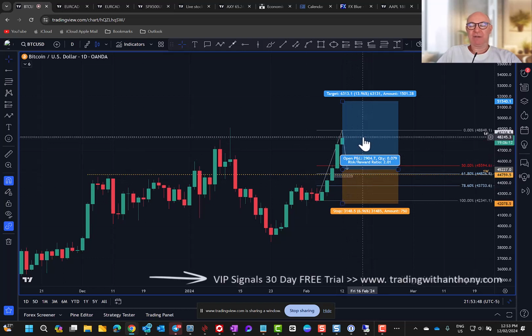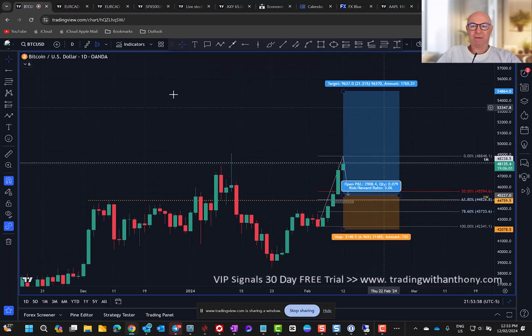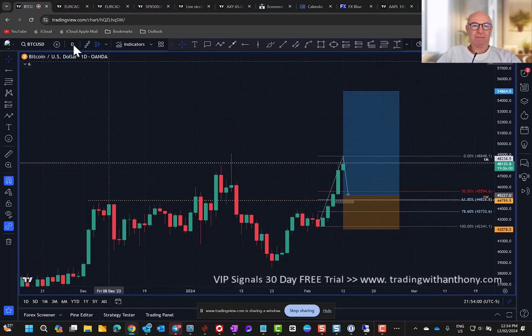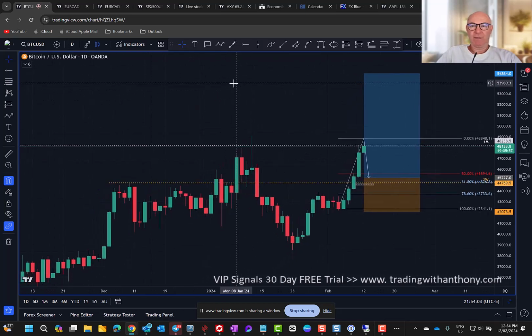Maybe take partial profits at 1R, then pull the stop loss to break even, and then you're in a winning position at that point. Then go for broke with this, because I think we're going to see quite a strong bullish run with Bitcoin. Feb, March, something like that. That could be the thing.